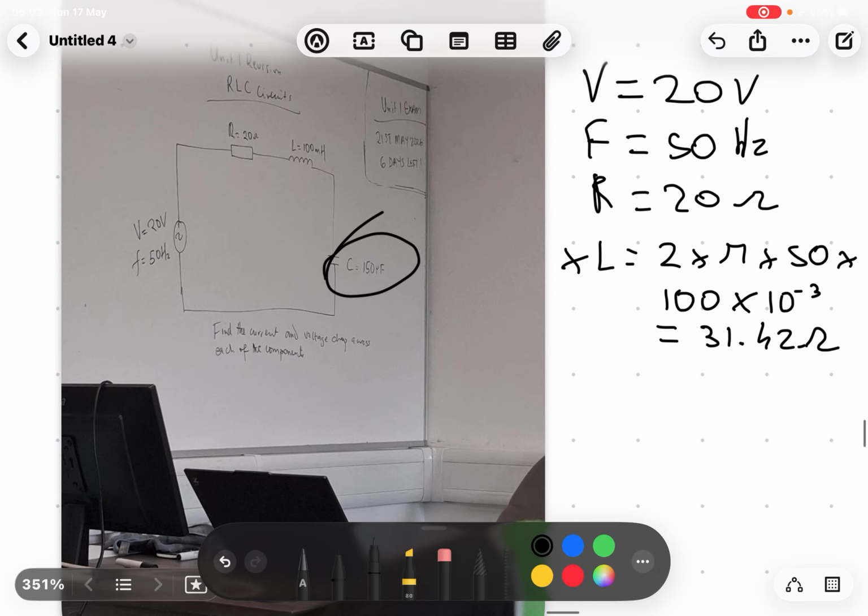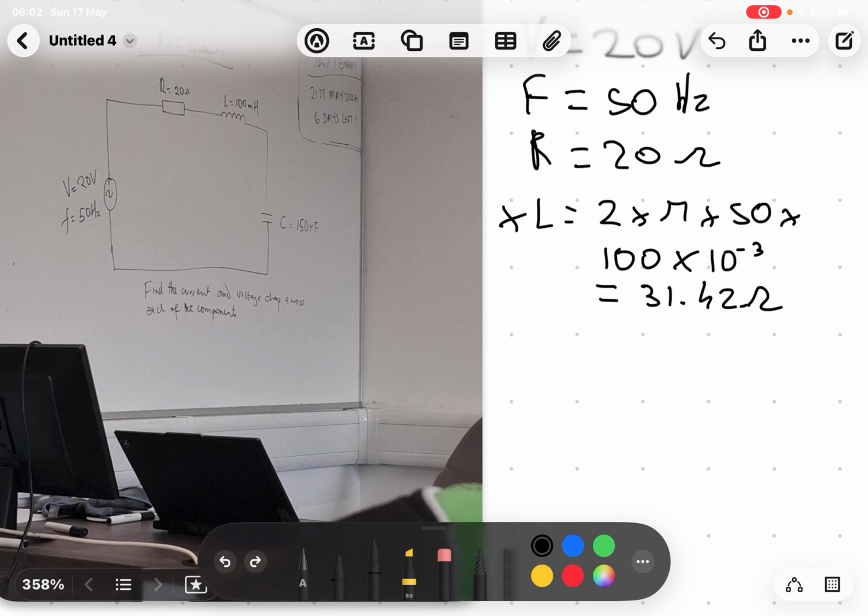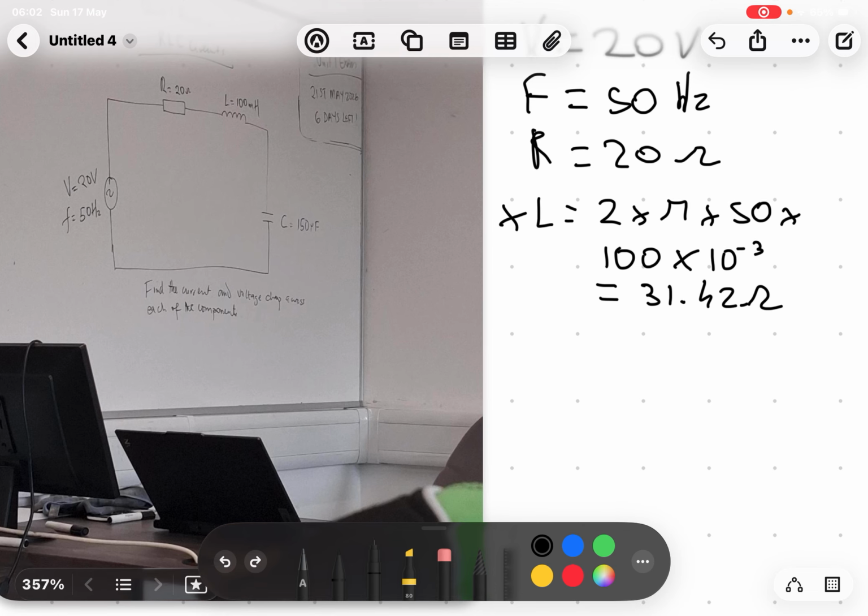And then we have to look for the capacitance. Capacitance is measured slightly differently. Basically, XC equals 1 over 2 pi FC. So basically the same thing, but with this thingy-majiggy. The formula is given in the formula note, so don't be scared that much. Even though I am scared.